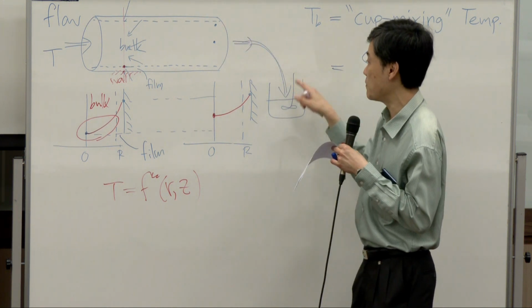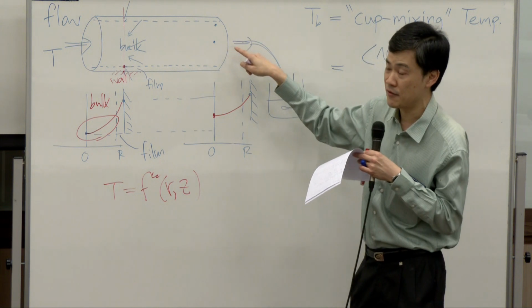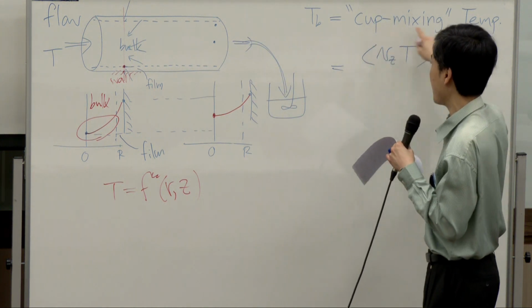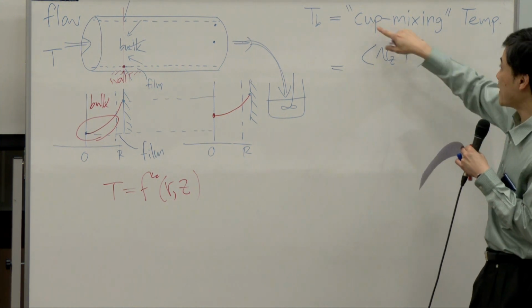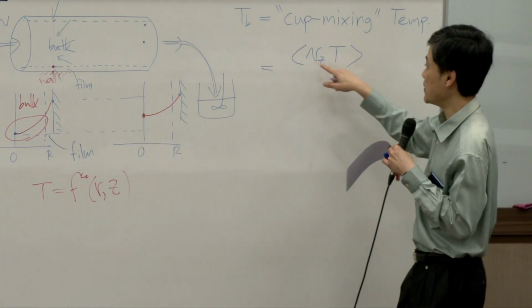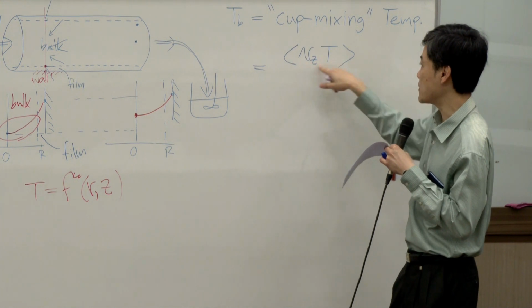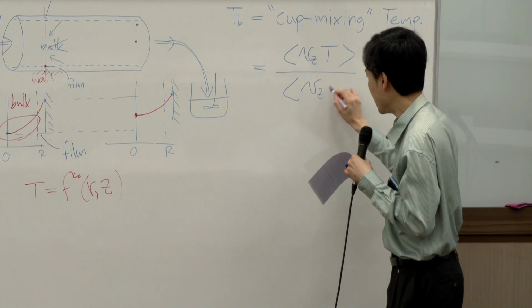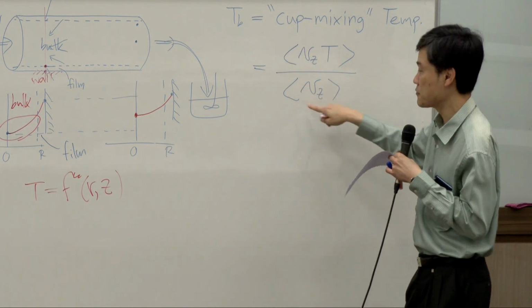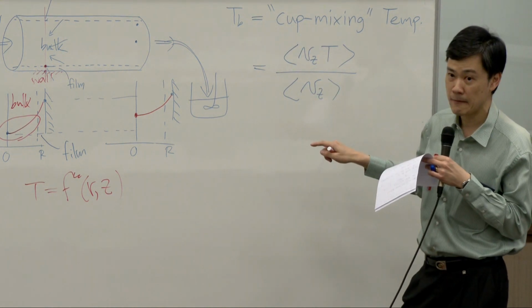So temperature would lean toward the center. So in order to find the average value, you need to incorporate velocity as well. By definition of cup mixing temperature, you need to find the average of velocity times temperature divided by average velocity. This symbol represents average.